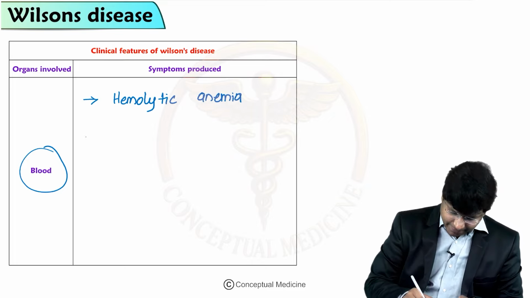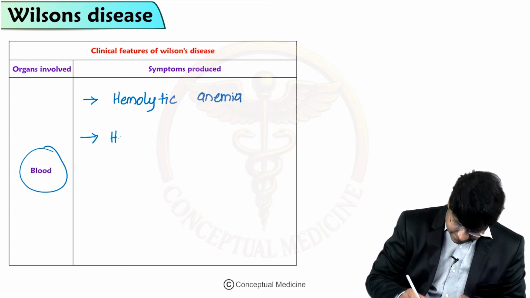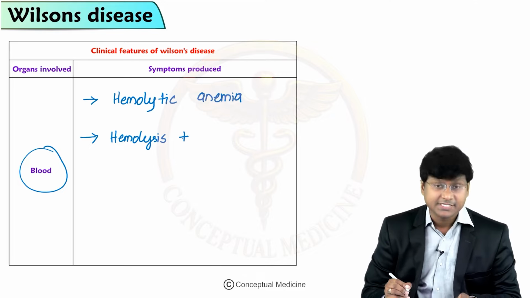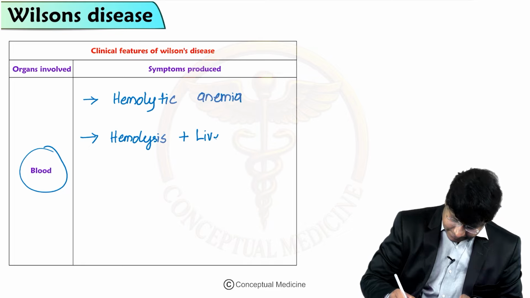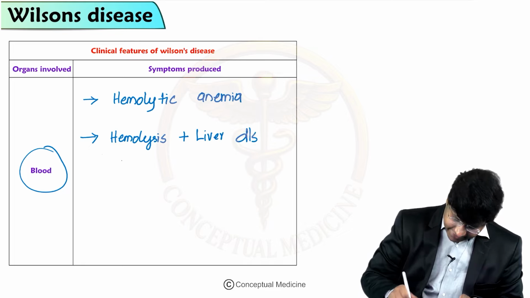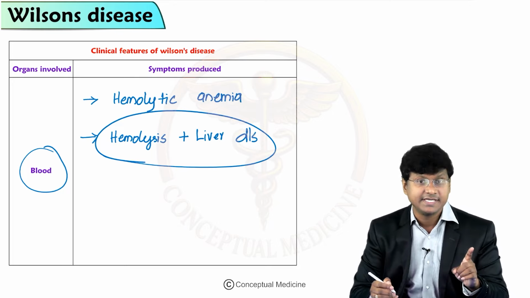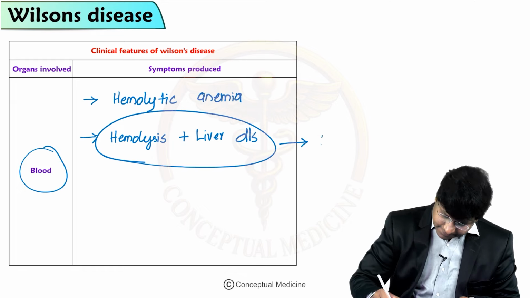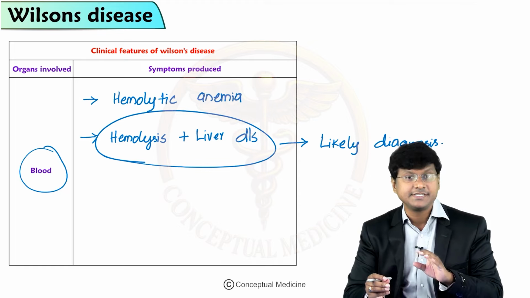Now please remember here, the association of hemolysis and liver disease makes Wilson's disease the likely diagnosis.